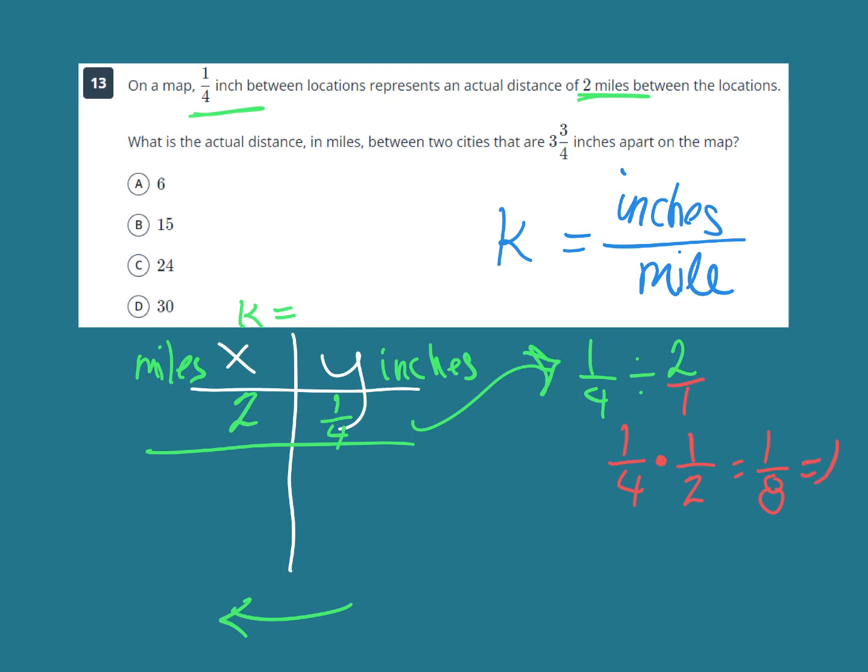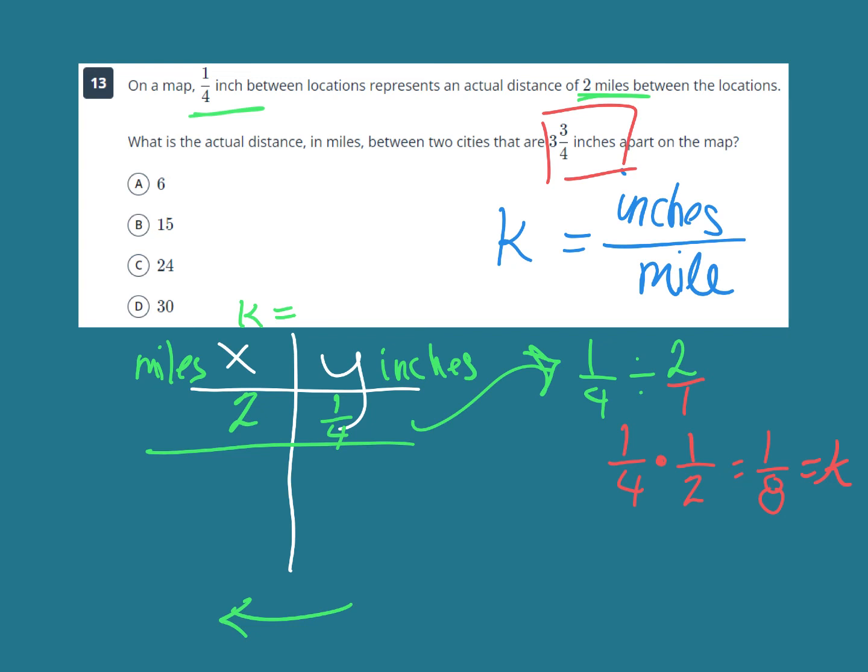It's equal to K. So everything's going to get multiplied by 1/8 or divided if it's going in the other direction. So I just have to decide if this is my input or my output. That should be easy enough because it's identified as being in inches, right? So is it our input or our output?